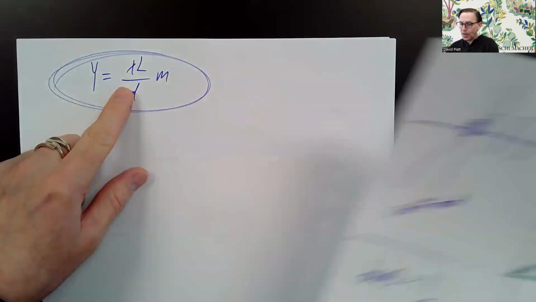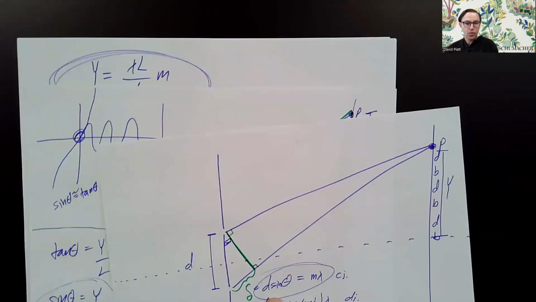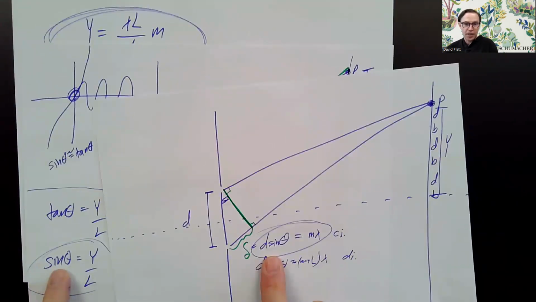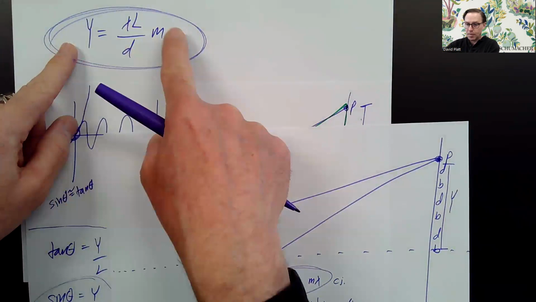So again, this equation comes from taking these two equations, solving this one for sine theta, solving this one for sine theta, m lambda over d, and setting y over L equal to m lambda over d. And here we have y over L equals m lambda over d.